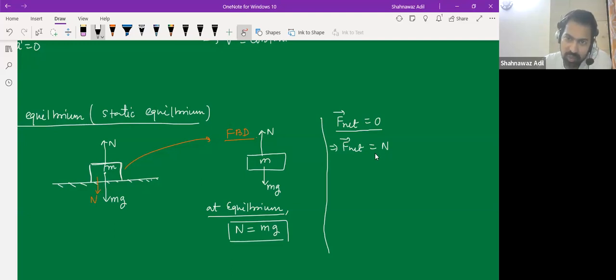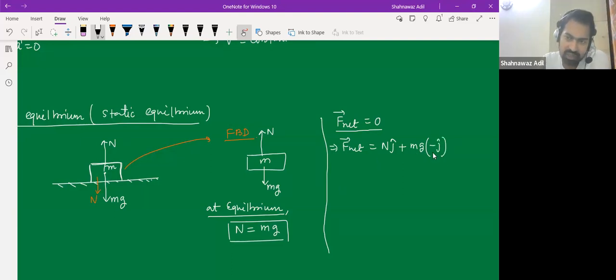N is in the j direction, so N j hat, and then you have this mg. What is the direction of mg? It is going downwards. Minus j. Everyone, is this okay?